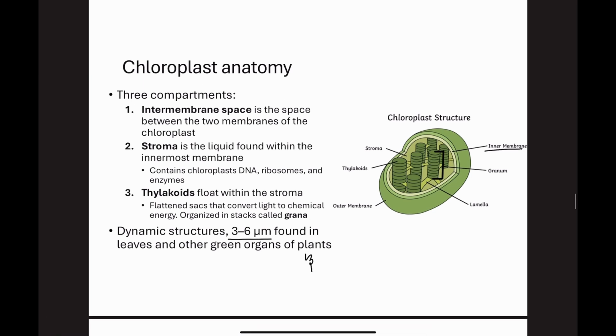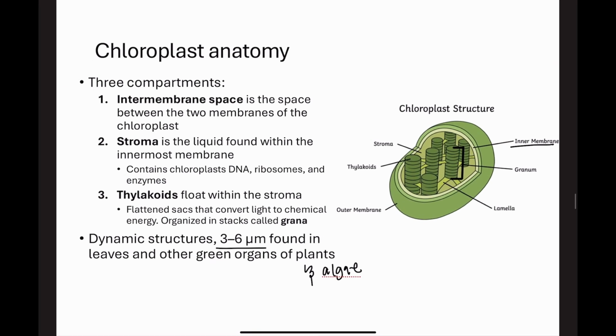So they're found in plants and algae. And the chloroplast has a structure. It's enclosed by an envelope of two membranes, and then it has a really narrow intermembrane space that separates them from the cytosol.